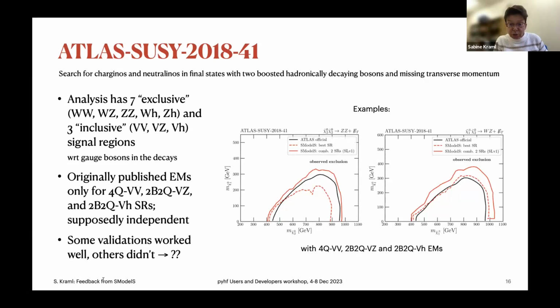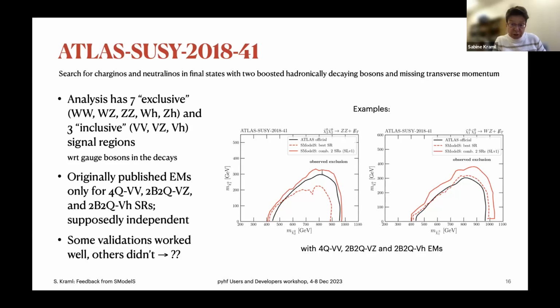So here you have two examples. On the left, the plot of the observed exclusion for the ZZ plus MET final state. We're combining the counts from the 4QVV and the 2B2QVZ signal regions.